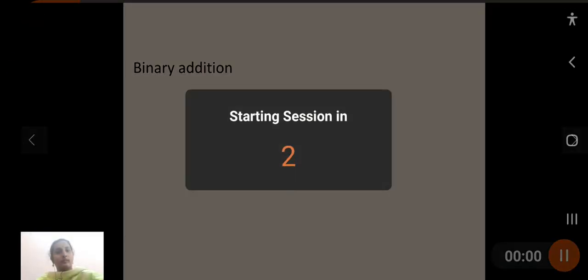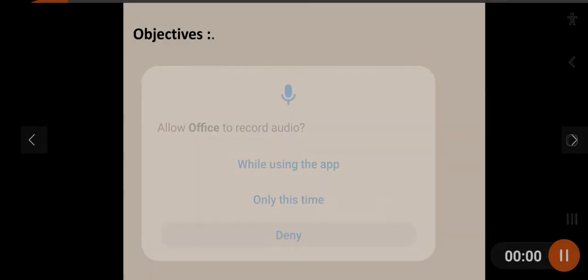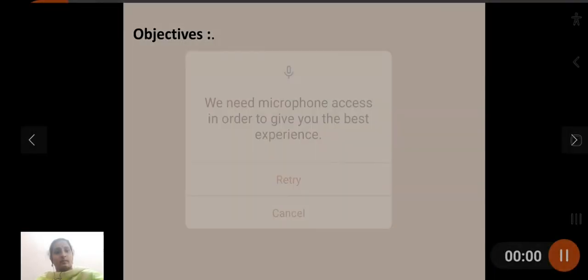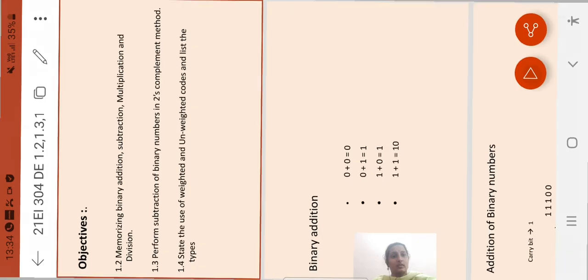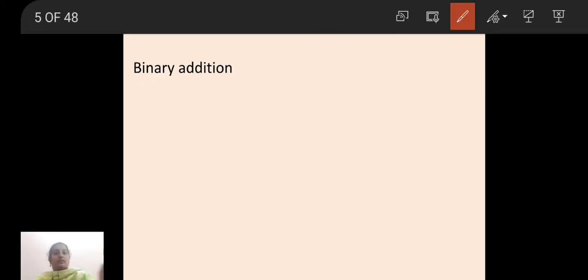What are the 2 digits? Only 0 and 1 are there. Because of that, it is very easy to add.